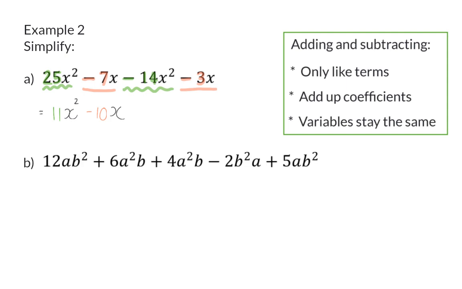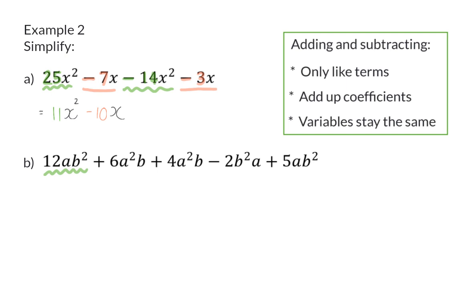In question B, we now have 5 terms, and first of all, we once again need to identify the like terms. Our first term has a variable of ab squared, and even though the second term looks similar, they are not like terms because the second term now has a squared b.